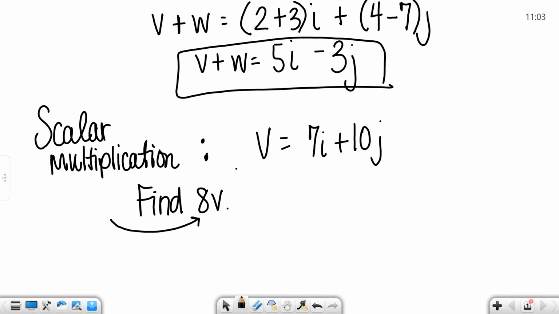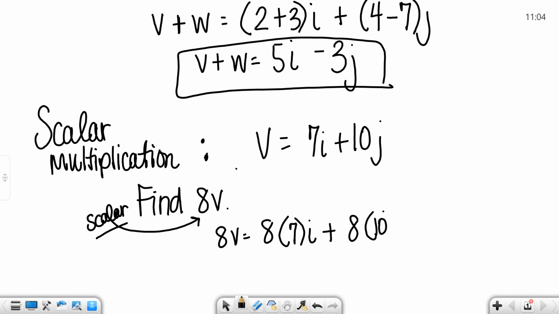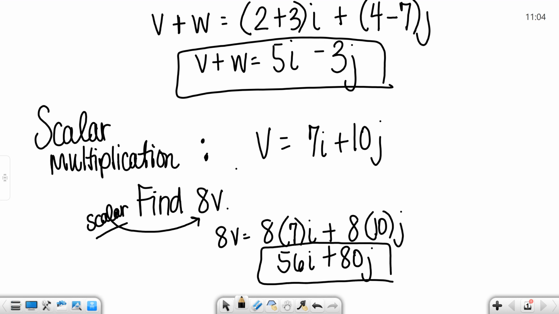Well, in this case, 8 would be our scalar, and we are multiplying 8 times our vector. So 8 times our vector would be 8 times the 7i plus 8 times the 10j. So I get 56i plus 80j. Okay, you literally just multiply both components by the scalar.